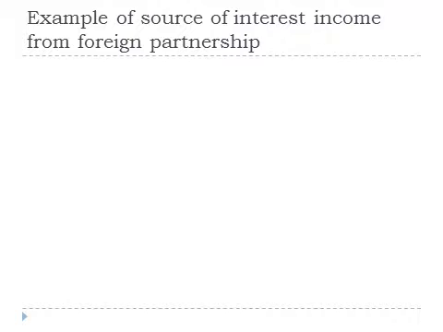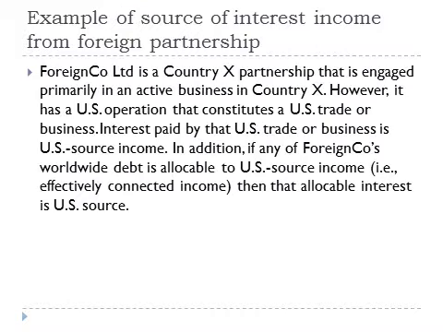Here's an example of the source of interest income received from a foreign partnership. Foreign Co. Limited is a Country X partnership that is engaged primarily in an active business in Country X. However, it has a U.S. operation that constitutes a U.S. trade or business.